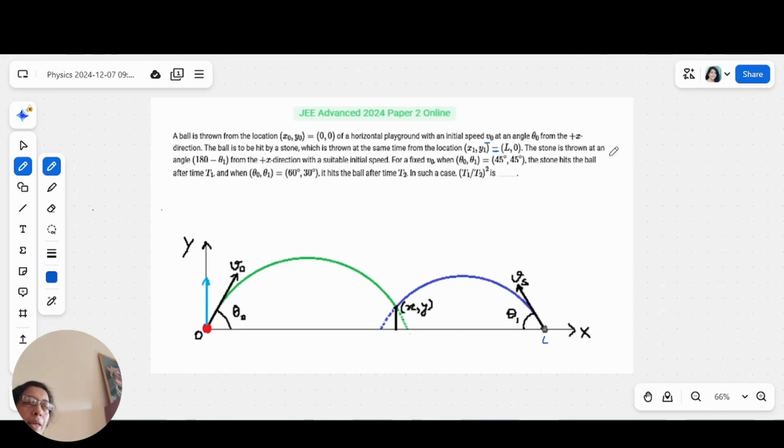The stone is thrown at an angle of 180 minus theta 1. That means this angle is 180 minus theta 1 with a positive x direction. So the angle on the other side is theta 1.